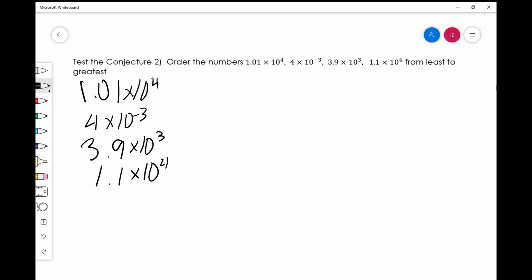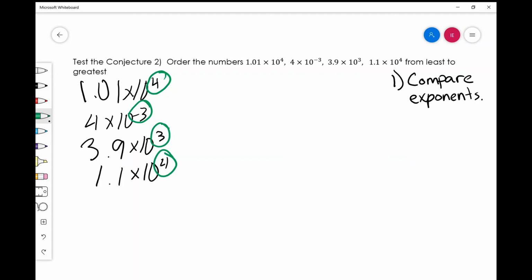The first thing we should do is compare the exponents on each number. I have 4, -3, 3, and 4. What is going to be the smallest of all of those numbers? -3 is the smallest. That means I know that 4 times 10 to the -3 is going to be the smallest number in this set.